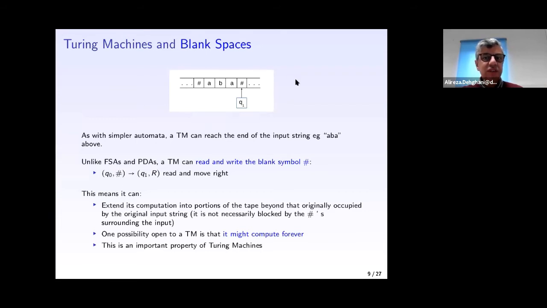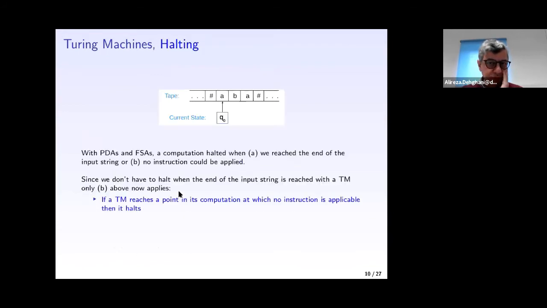So easily we can get to the area with only the blanks, and that means we can compute forever. It means it never finishes. So that is something that can happen in the Turing machine, but it didn't happen in the two other machines we had. Okay, this is an important property of the Turing machine.